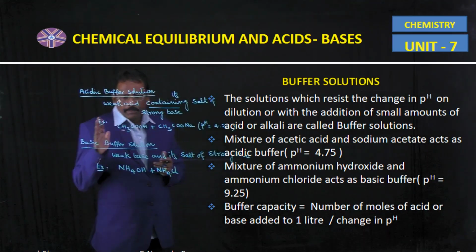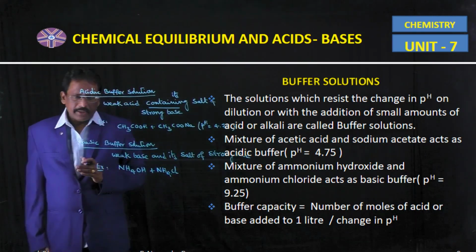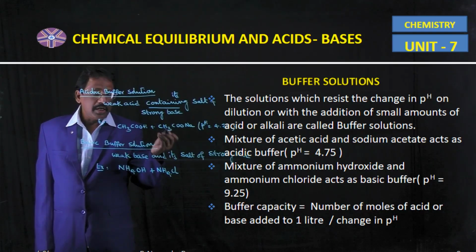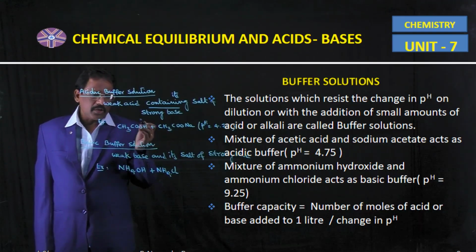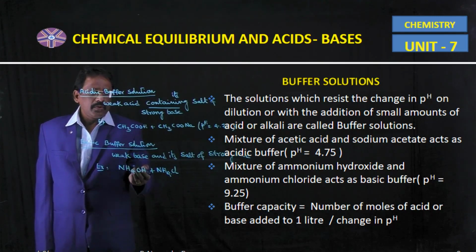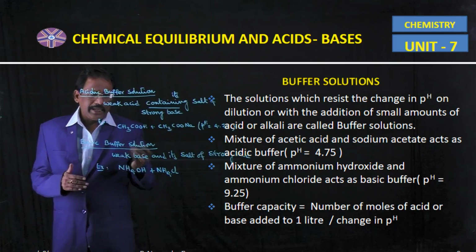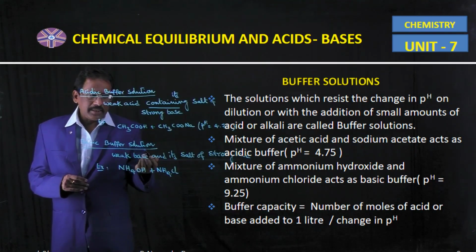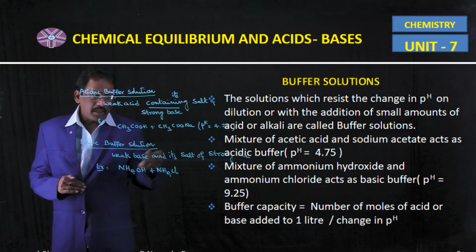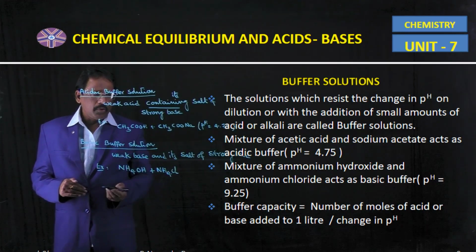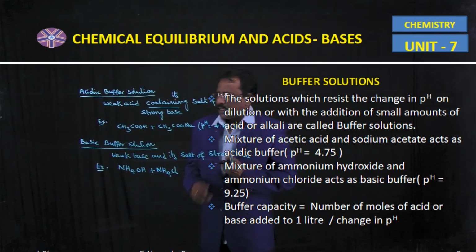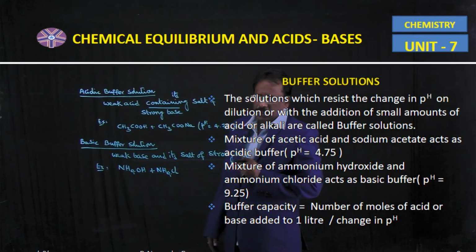Similarly, basic buffer solution contains weak base and its salt of strong acid but not strong base. So ammonium hydroxide acts as a weak base. When it reacts with strong acid like HCl, the salt formed is ammonium chloride. So the mixture of these two acts as basic buffer solution.